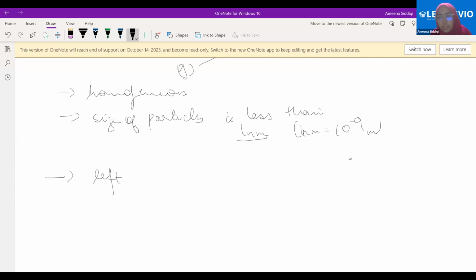The third point: when the mixture is left undisturbed for some time. This is important, so try to understand. It will not happen that we mix sugar in water and the sugar will start settling down if it has been mixed properly. It will not settle at the bottom even if it has been left undisturbed.